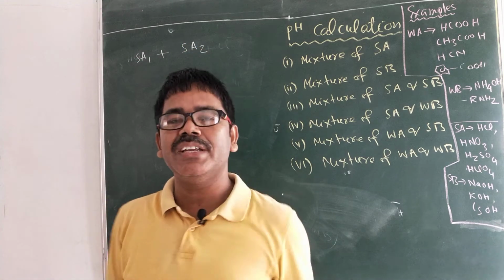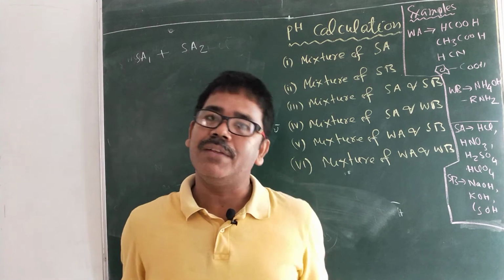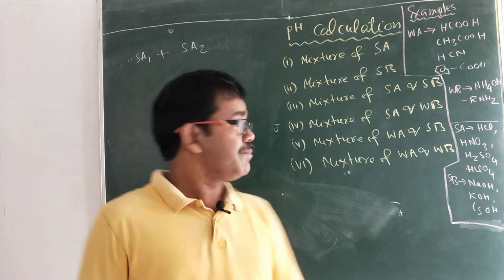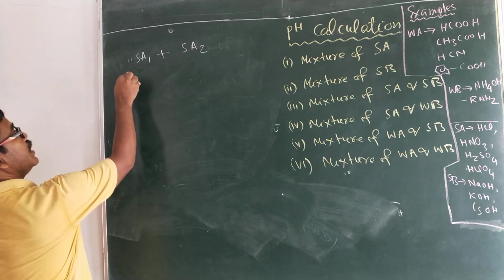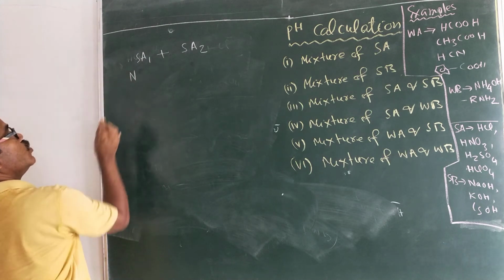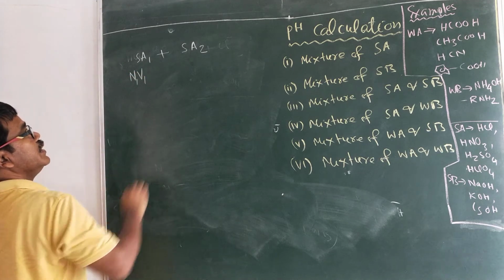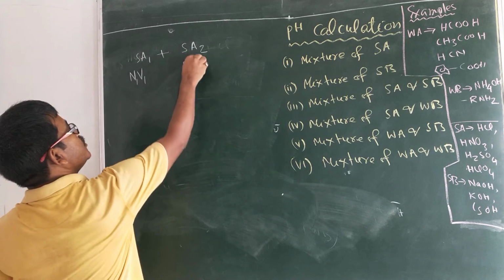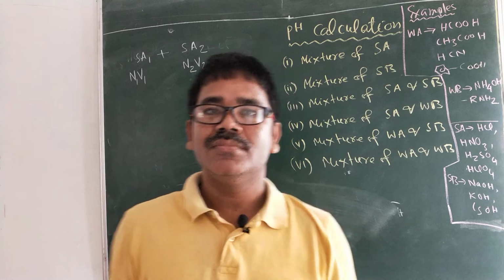I am considering a binary mixture: two solutions, two acids. It can be three acids also, but normally questions are asked based upon the binary mixture. If the normality of acid 1 is N1 and the volume is V1, similarly the normality of acid 2 is N2 and the volume of acid 2 is V2. N for normality, V for volume.